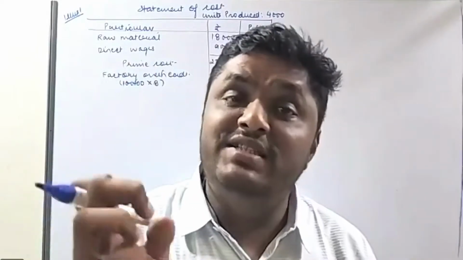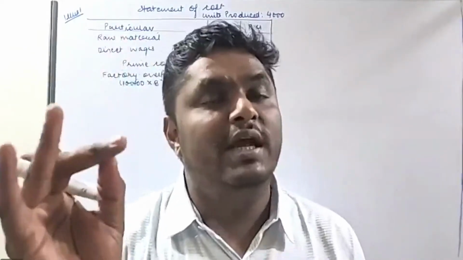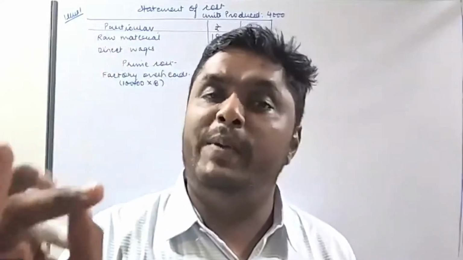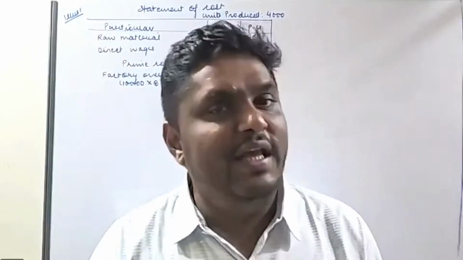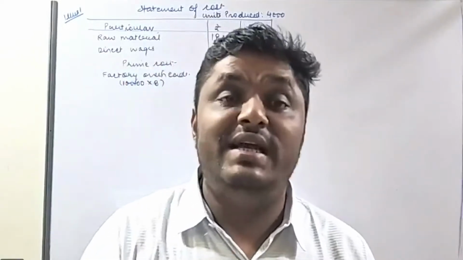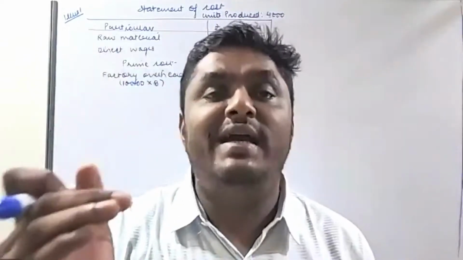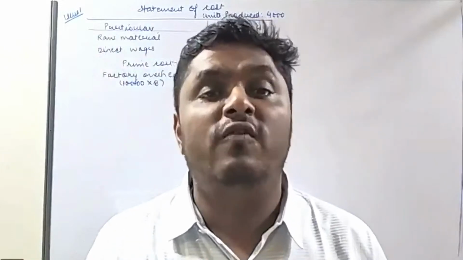Now we have to make adjustments of a few items, that is quality control cost, research and development cost, administration overhead related to production, then credit for recoveries and primary packing costs. So let's check whether these items are given or not. And herein what we can see is that no information is given as regards these items also. So after making adjustments of these items, what we get is the cost of production.